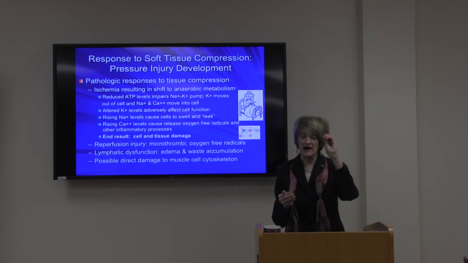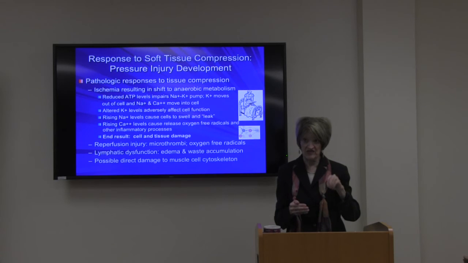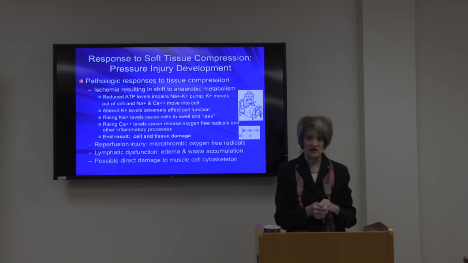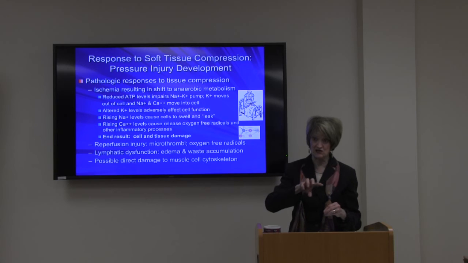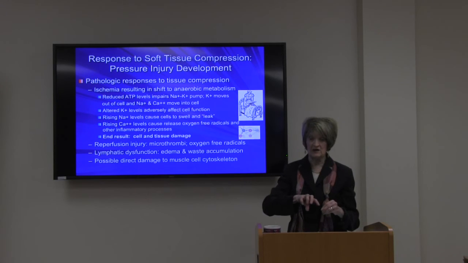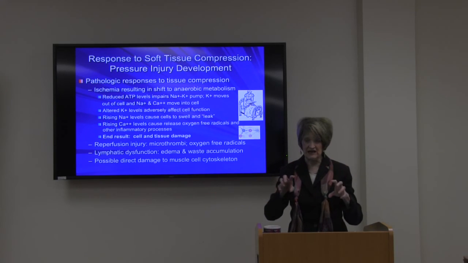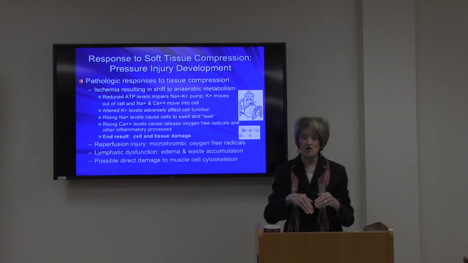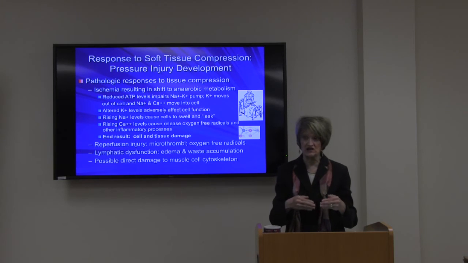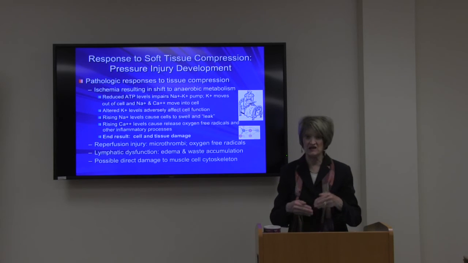So now you've got hypokalemia within the cell, which adversely impacts metabolic functions of the cell. You've got sodium within the cell causing intracellular edema and making the cell leaky. You've got rising calcium levels inside the cell, which causes production of oxygen-free radicals and other inflammatory mediators that further damage the cell.